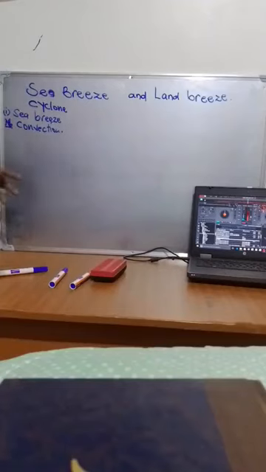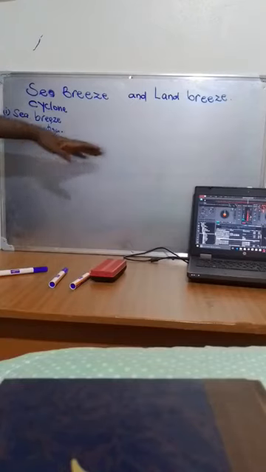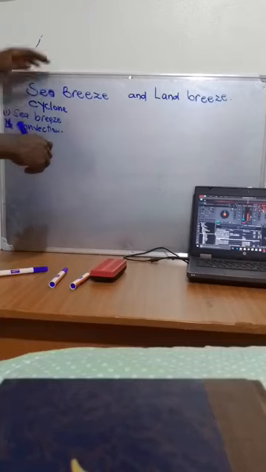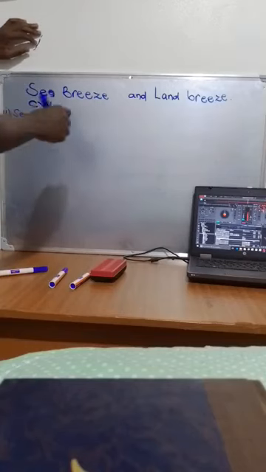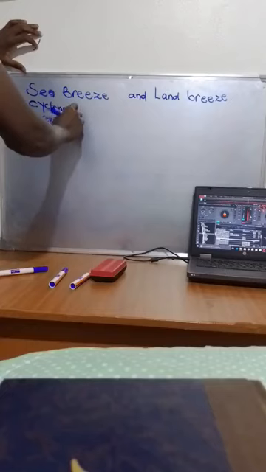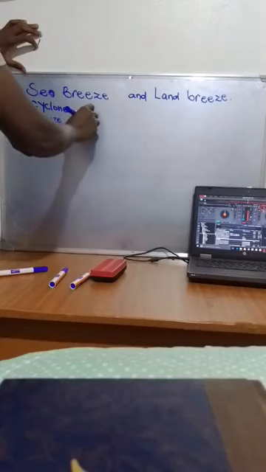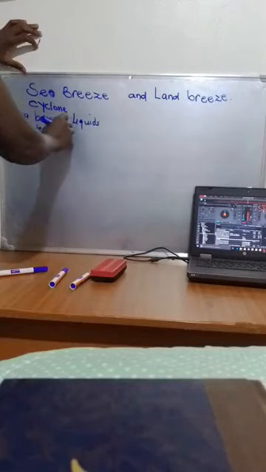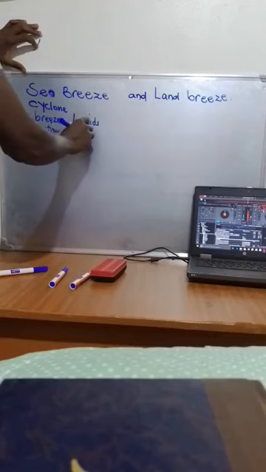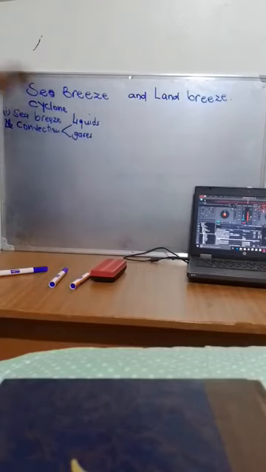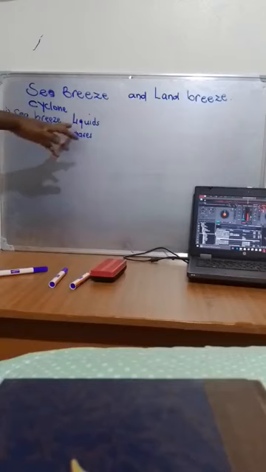Convection, in simple terms, is heat transfer. The mechanism by which heat transfer happens in liquids and gases. Mechanism of heat transfer through liquids and gases.